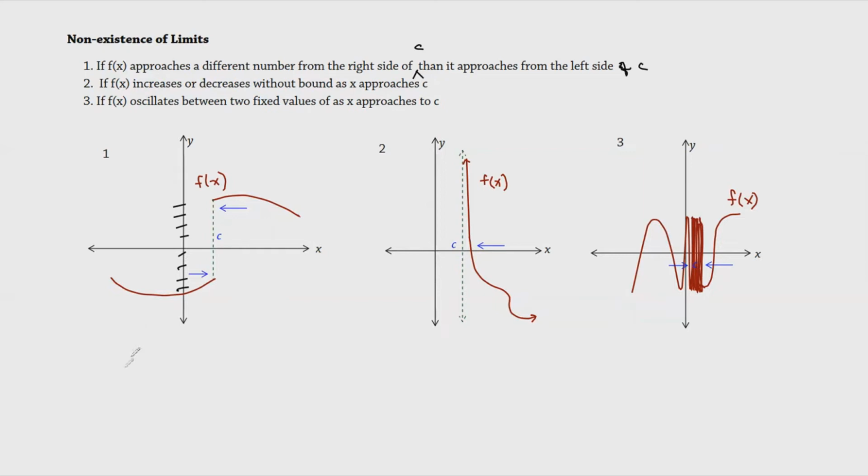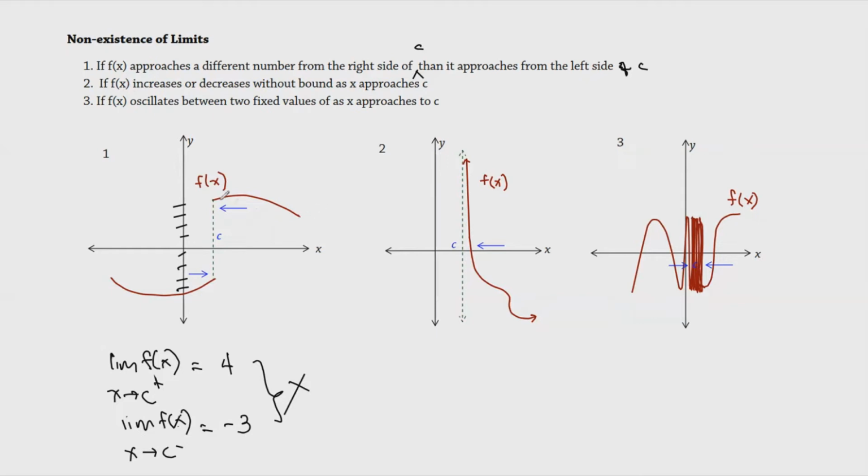So the limit of f of x as x approaches C from the positive side, based on this graph, assuming that I have made the correct intervals, is 4. And for our left-hand limit, you will get negative 3. And since these two are not equal, the limit does not exist. That's the first one.